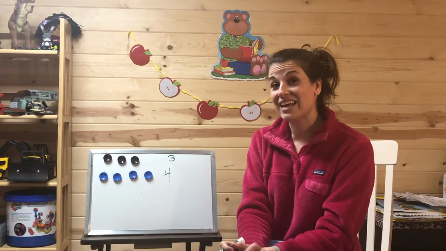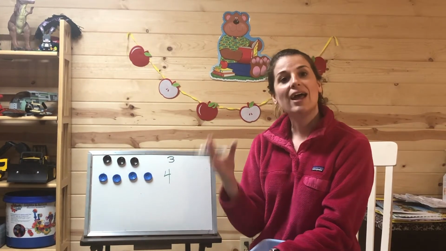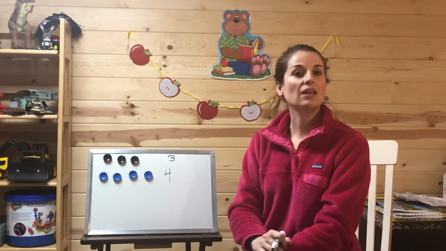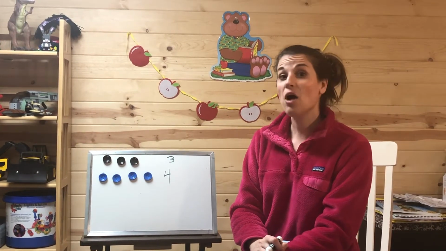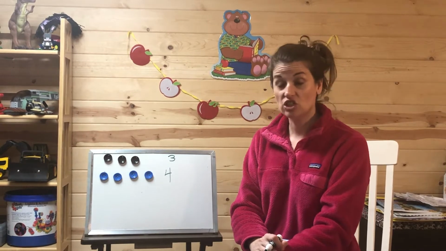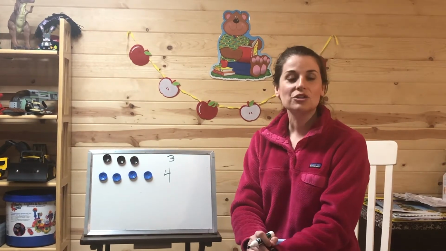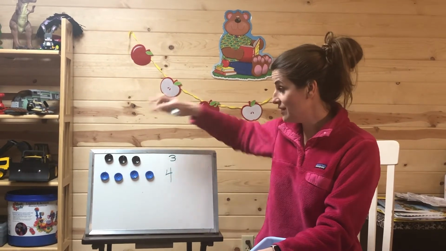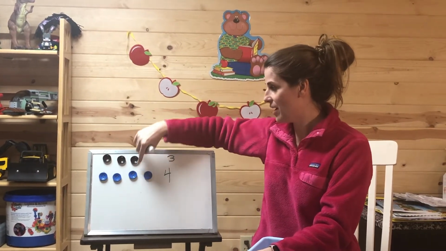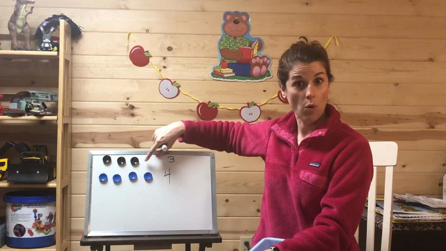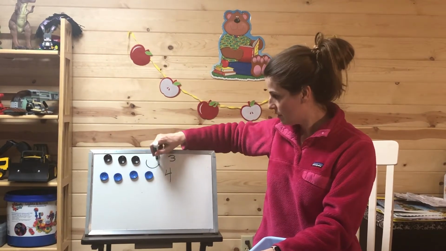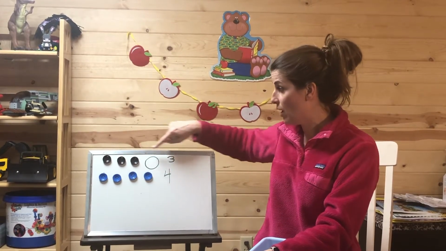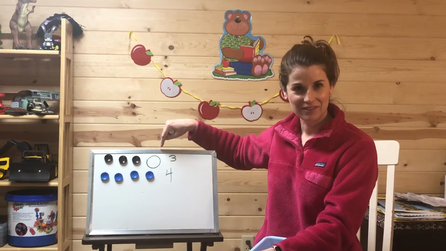But my task today is a little different, all right? And it's, what do I need to do to make these two numbers equal? How many dots do I need to draw to make them the same? As you can see, they all have a buddy, except right here. So if I add 1 more to my black row, how many are there now?